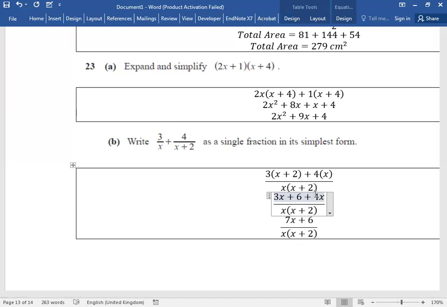Seven girls. It will not be seven girls squared, right? Now put x in place of girls. 3x plus 4x. Getting it? 3 pens plus 4 pens. It will remain 7 pens, right?